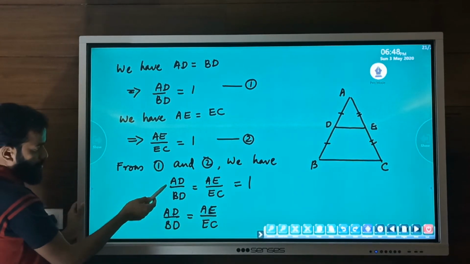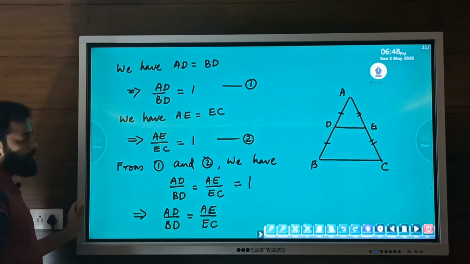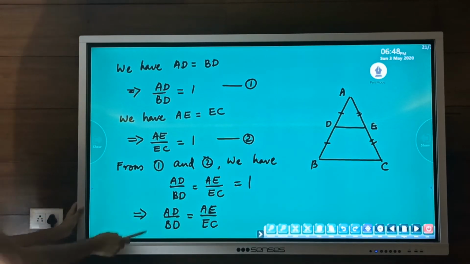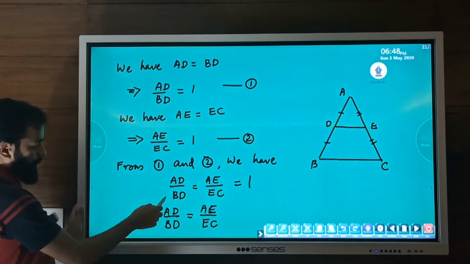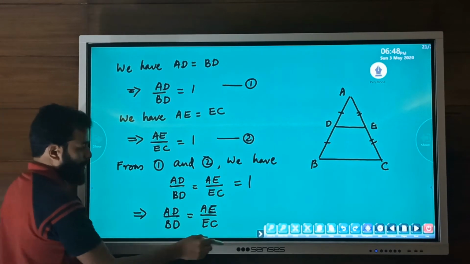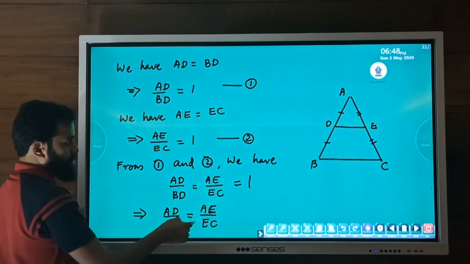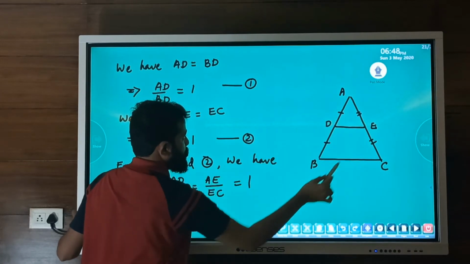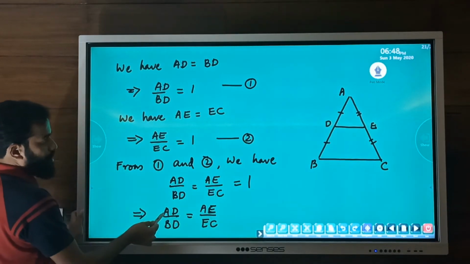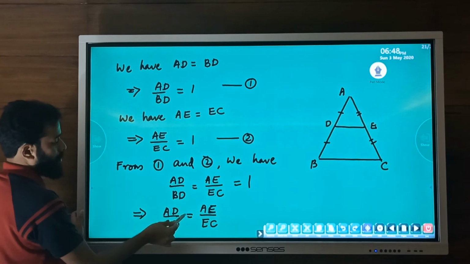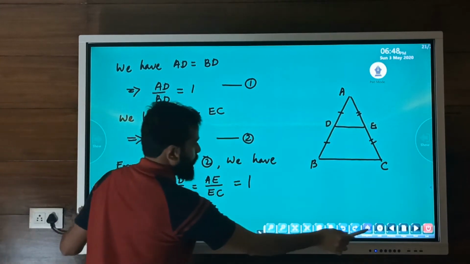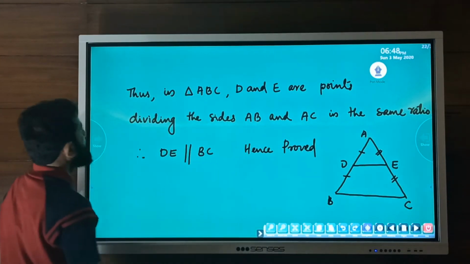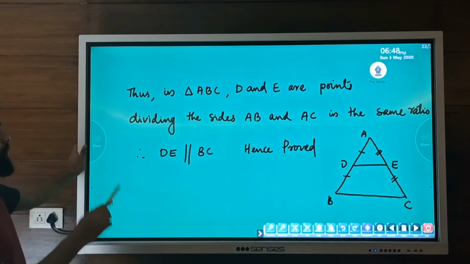That means the line DE divides the two sides in the same ratio, AD divided by BD equals AE by EC. That means in triangle ABC, D and E are points dividing the sides AB and AC in the same ratio. Therefore, the lines are parallel, DE parallel to BC. So it is proved.